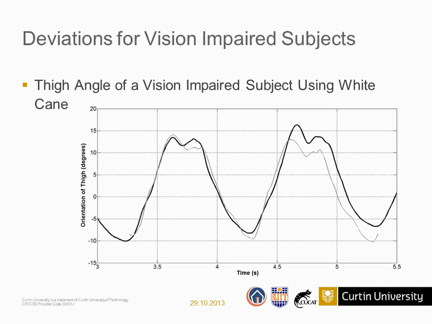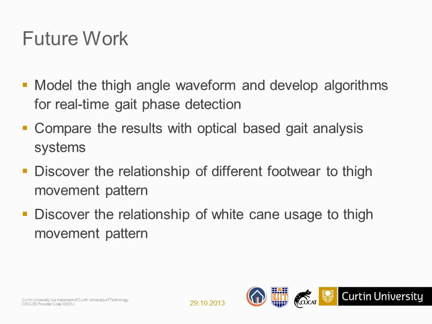And in this case, the vision impaired person was using the white cane. And there may be other applications as well where the vision impaired person uses a guide dog or different styles of white cane usage. So we'll have to look at the differences or similarities between all these different applications.